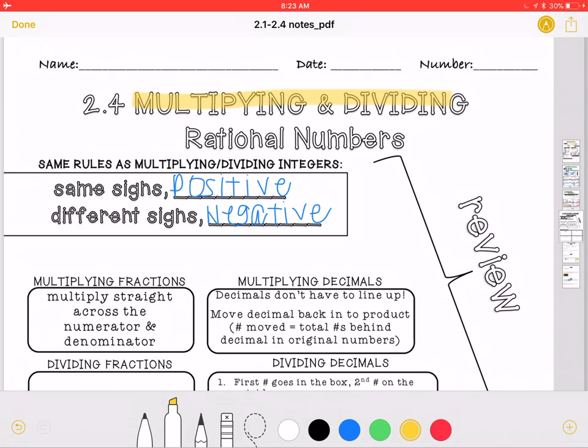When we multiplied and divided integers, that was our positive and negative whole numbers, when they had the same sign, it was positive. And when they had different signs, it was negative. That holds true for rational numbers as well. We're now just dealing with fractions and decimals, not whole numbers. So go ahead, fill that in, and let's do a quick reminder of those rules.